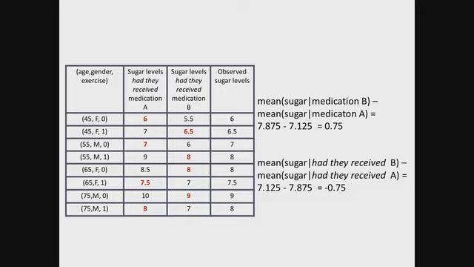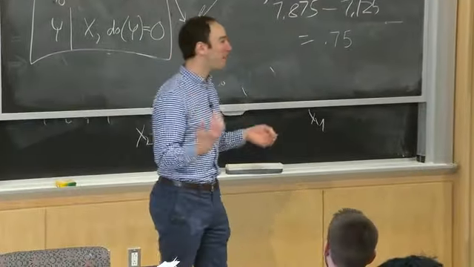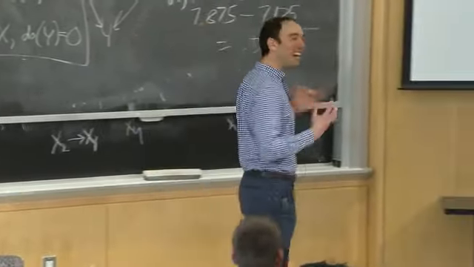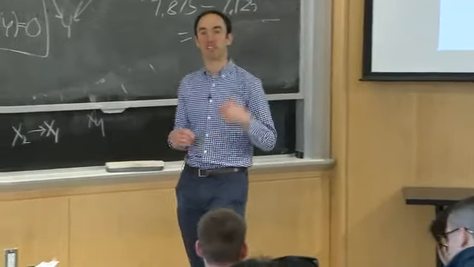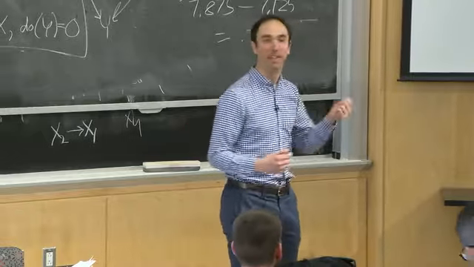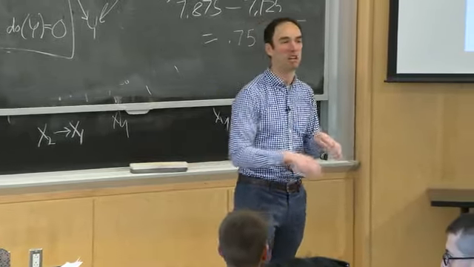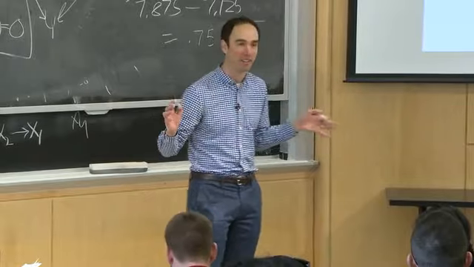All right, now let's put ourselves in the shoes of a policymaker. Let's say it's a health insurance company trying to decide: should I reimburse for treatment B or not, or should I simply say I'm never going to reimburse for treatment B because it doesn't work well?